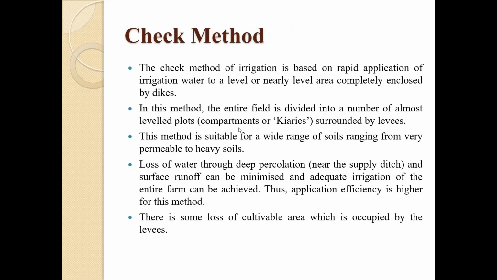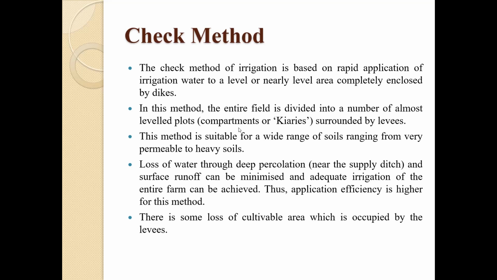And the check method of irrigation is based on the rapid application of irrigation water to a level or a nearly level area completely enclosed by dikes. In this method, the entire field is divided into number of almost level plots, or rather say compartments or chiaries, surrounded by levees. This method is suitable for a wide range of soil, ranging from very permeable to heavy soil.